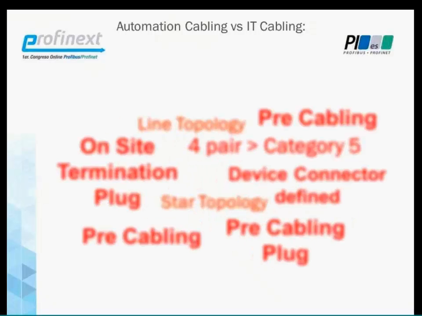So together, you must mention that you have a very problematic situation if you compare automation cabling versus IT cabling. You see that there is not a clear focus. If you want to have a cabling which you can use for both, you have a very big problem.